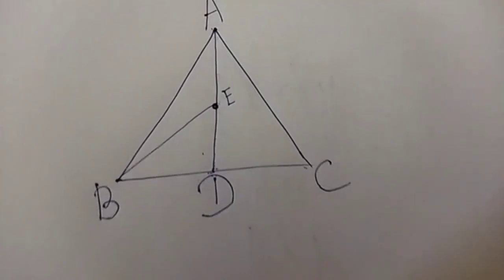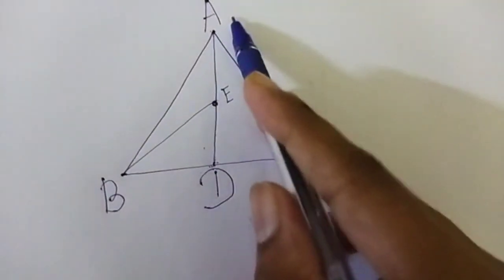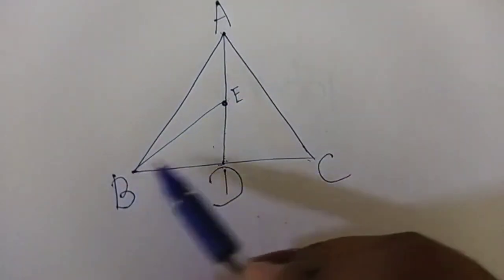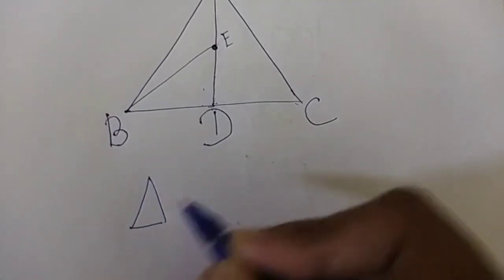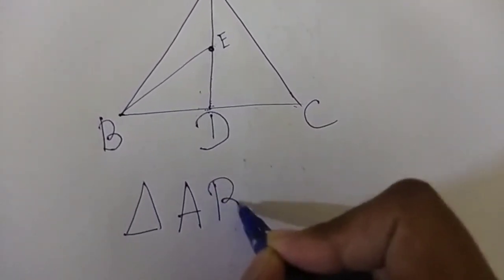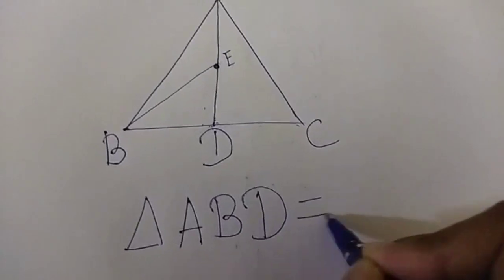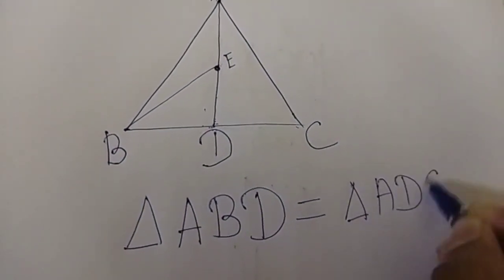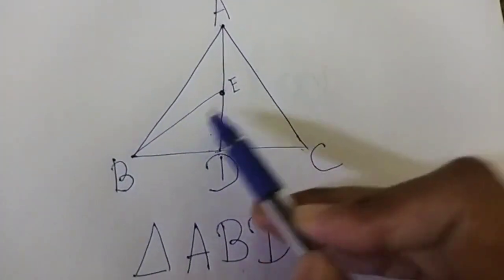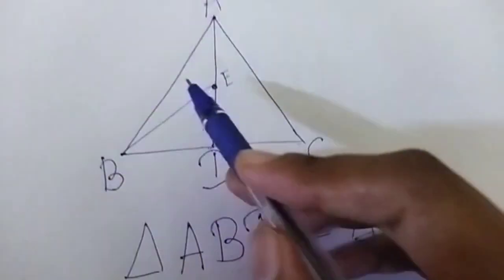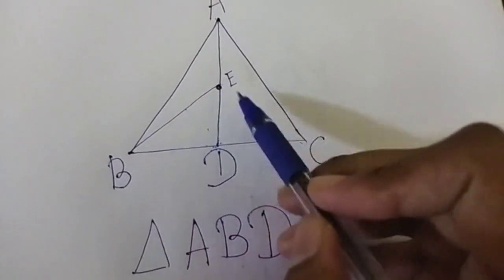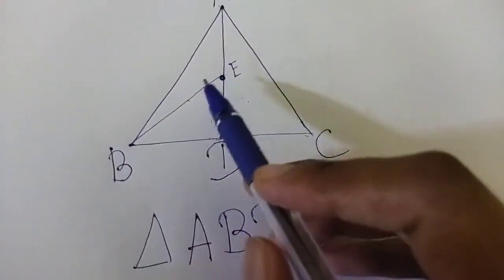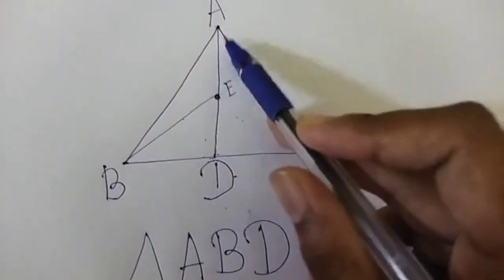Now if you take triangle ABD, triangle ABD is equal to triangle ADC, because these two triangles are equal. Why? AD is the median, so these two triangles must be equal. So ABD is equal to triangle ADC.